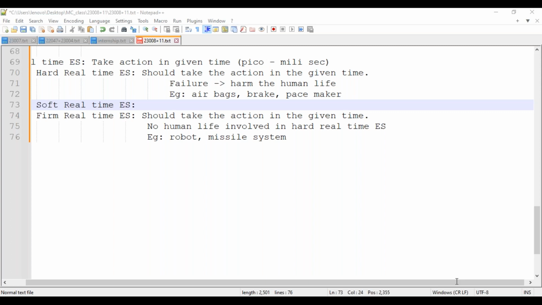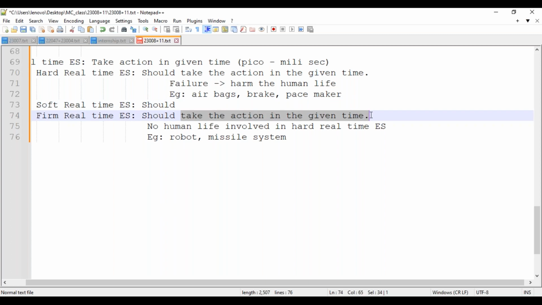Okay, fine. So soft real-time embedded systems: video games, vending machines, all of them are soft real-time embedded systems. Because it is considered to be a real-time embedded system, obviously it has to take the action on time.